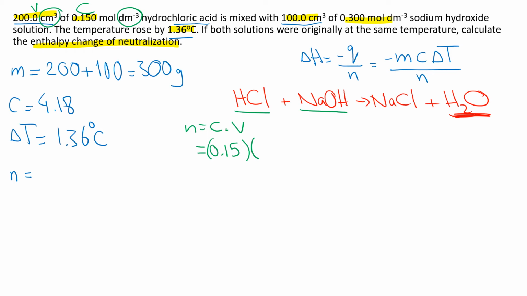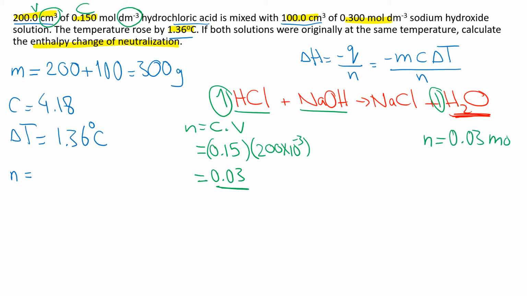So we have to have it 200 times 10 to the power negative 3. Then we will get the number of moles. If you put these numbers in the calculator, you will get 0.03. Using the mole ratio, HCl is 1, H2O is 1, so the mole ratio is 1 to 1, so the number of moles of water produced should equal 0.03 moles, okay? 0.03 moles.